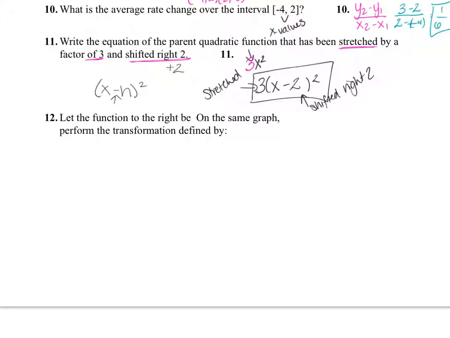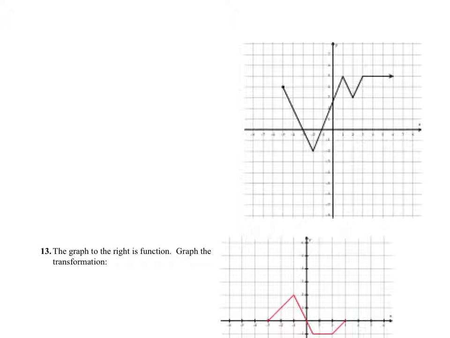For this next one, the graph ended up being on the other page, so we're going to perform the transformation on this next page. And again, the function for this transformation is -1/2 times the function (x plus 2), plus 3.